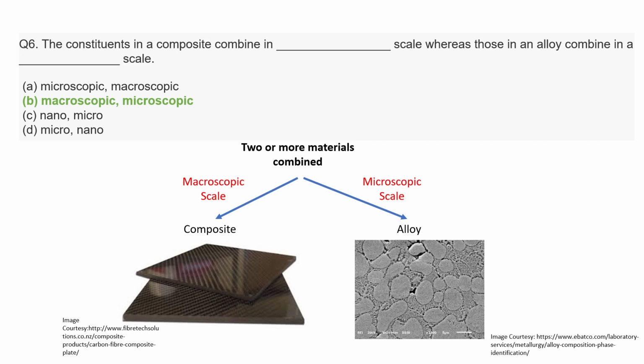That's why when we add an additive we don't say it is a reinforcement. It can be part of the composite, but it doesn't act as any of the phases like matrix or reinforcement. So for this question the answer is that constituents of composite are macroscopic, whereas for the alloy it is microscopic.